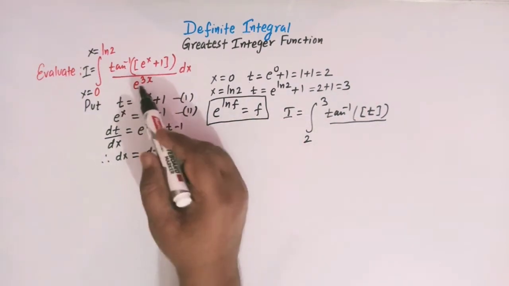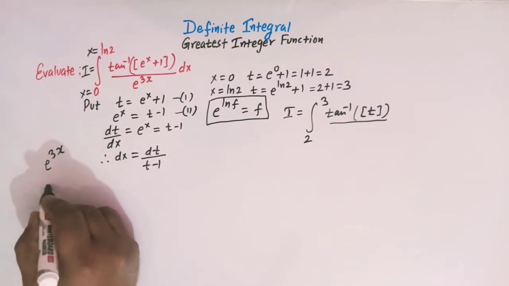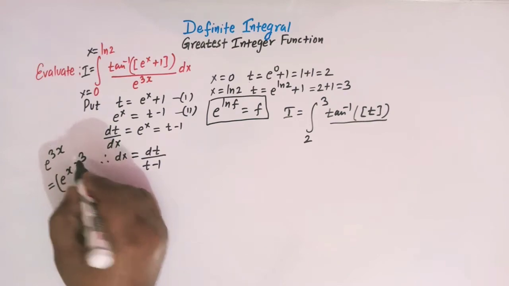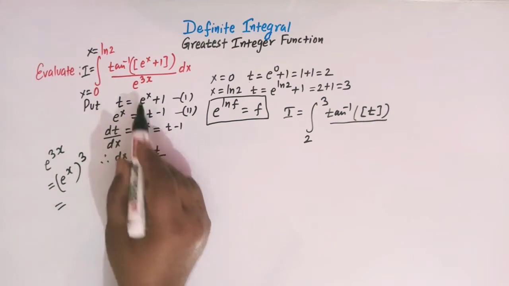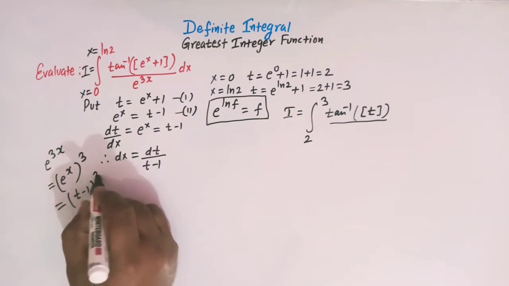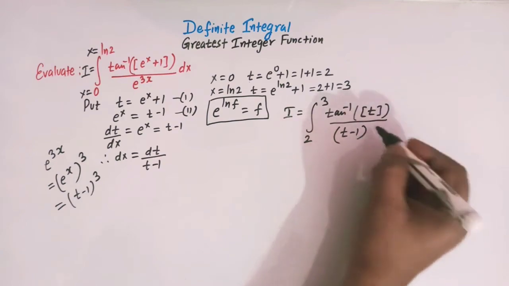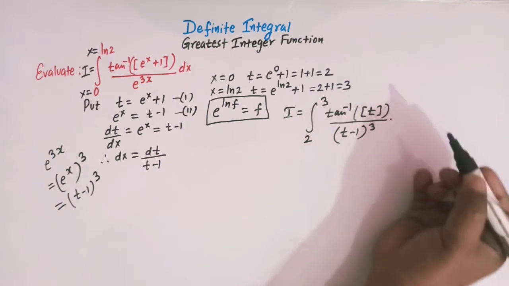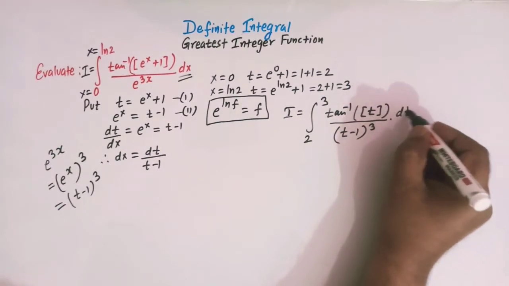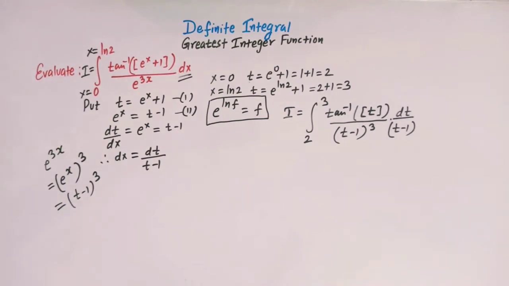In the denominator we have e raised to 3x, which can be written as e raised to x cubed, and e raised to x is t minus 1, so we have t minus 1 cubed. And for dx we have dt over t minus 1.